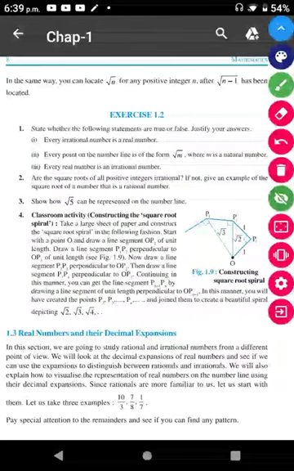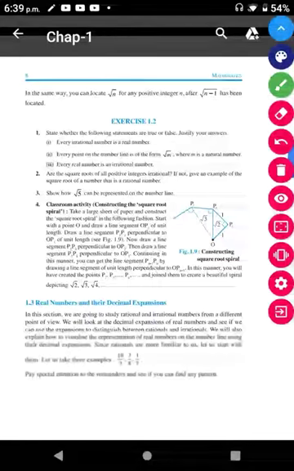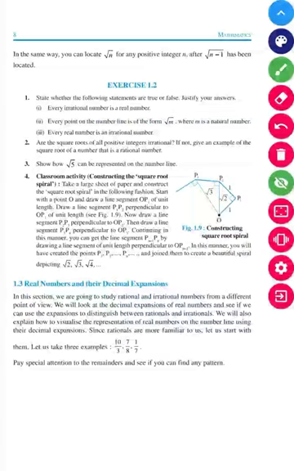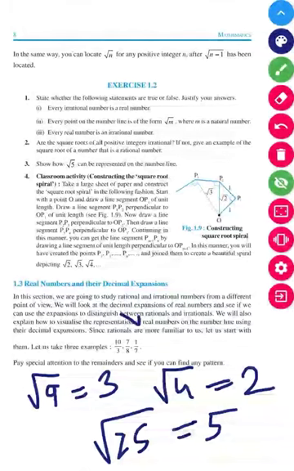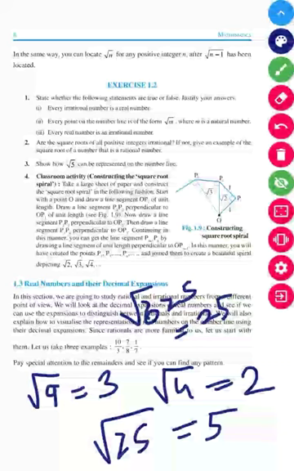Now our second question. It asks whether the square roots of all positive integers are irrational. It's not, and here is an example of a square root of a number that is rational. For example, root 9 is equal to 3, root 4 is equal to 2, root 25 is equal to 5, root 625 is equal to 25, and so on.